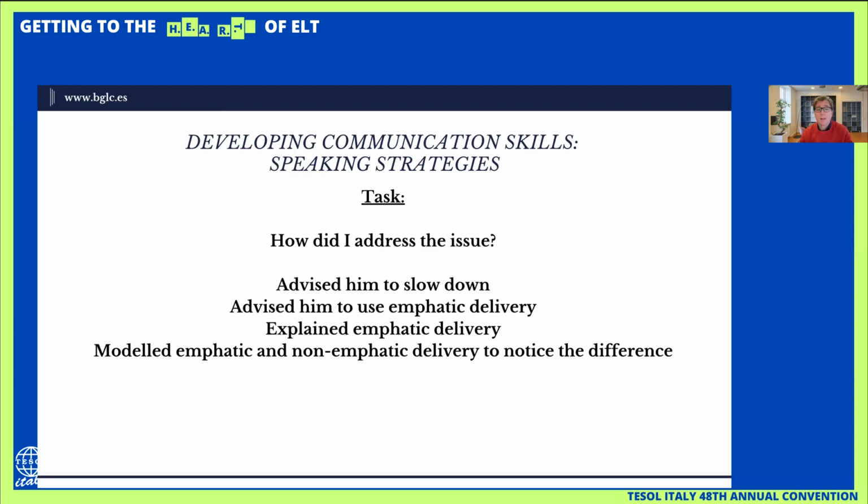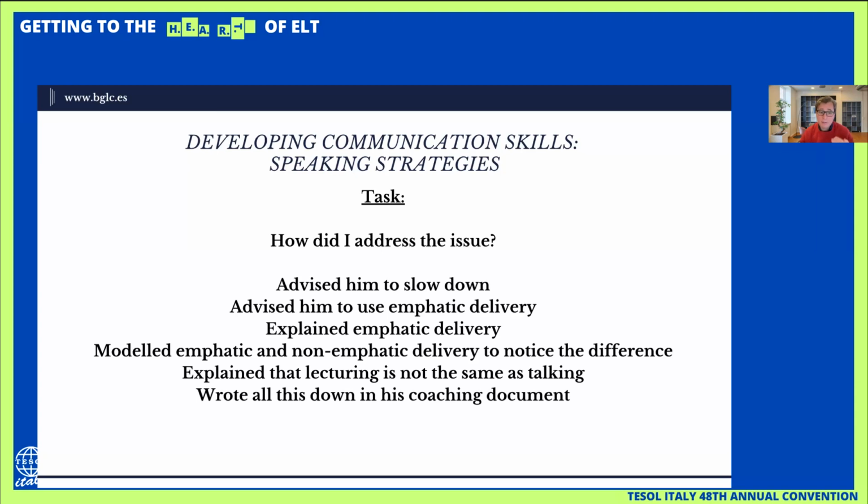This is emphatic, and I noticed the difference. And I think you'll see that he was taking notes, which is a very good sign in my mind. I explained that lecturing is not the same as talking. Again, communicative context. Are you talking to your friends? Are you talking at a conference? What is your communicative context, and how should your delivery reflect that?